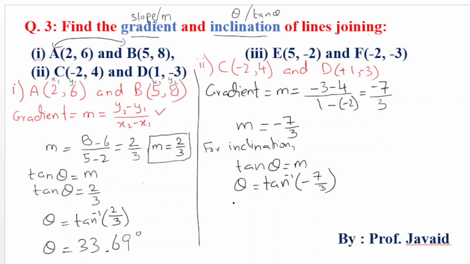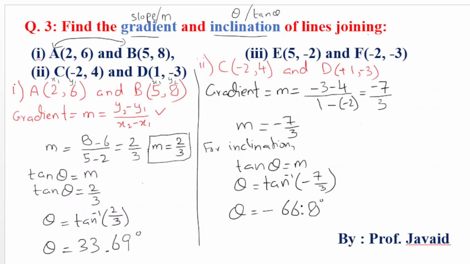So you will get here shift tan, put in the calculator, -7/3, and the calculator will give the answer -66.8.